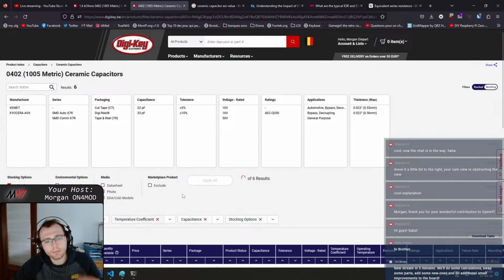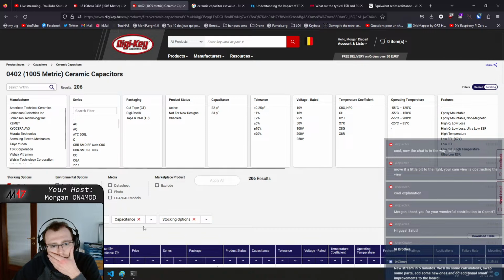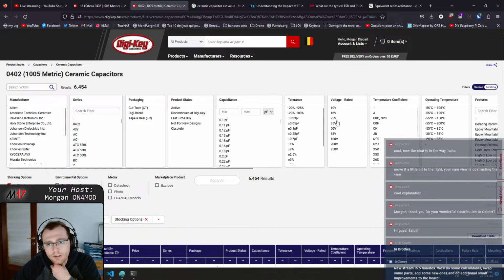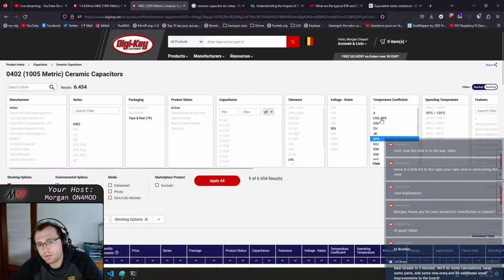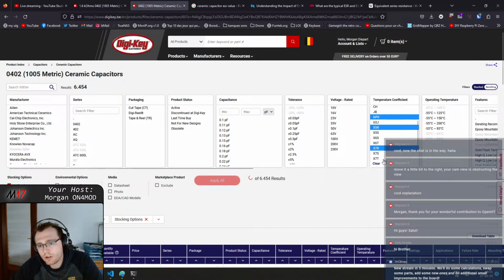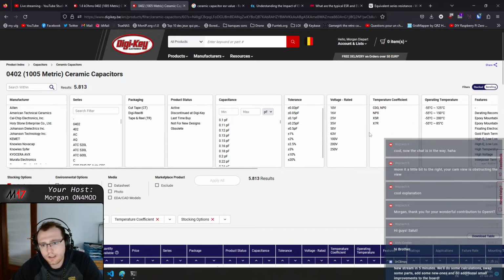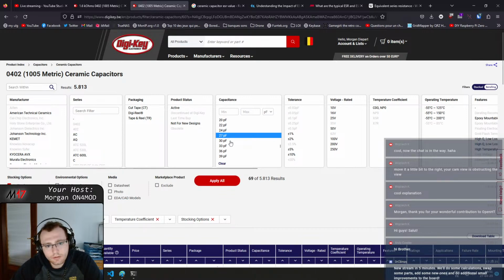Or maybe we can increase our choices if we allow for NPO or C0G capacitors, which are much better than that. So yeah, we can see that we have much lower capacitor value. And then, oh yeah, 27. I think 27 picofarad is gonna be what we need.